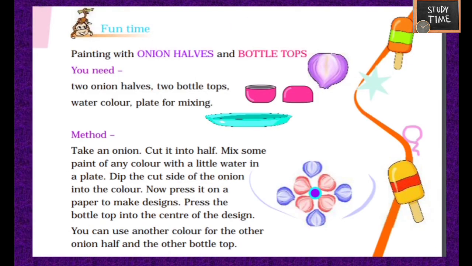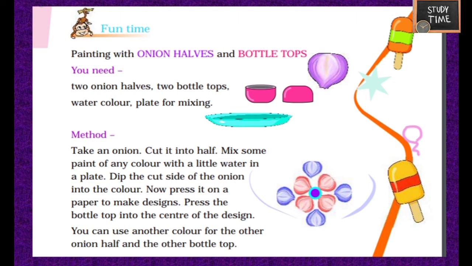Next, fun time. Painting with onion halves and bottle tops. Take bottle tops and you have to cut the onion into 2 halves. Also take watercolor and a plate for mixing. Take an onion, cut it into half, mix some paint of any color with a little water in the plate.